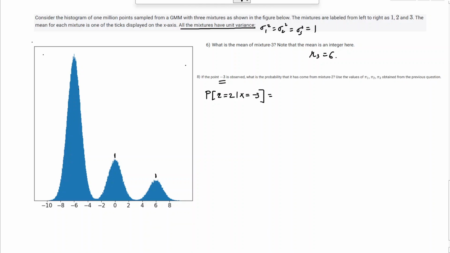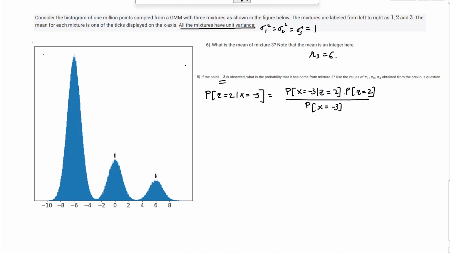This can be written as the probability of observing -3, given we are drawing from the second mixture, multiplied by the probability of drawing from the second mixture, and then divided by the probability x equal to -3, right?